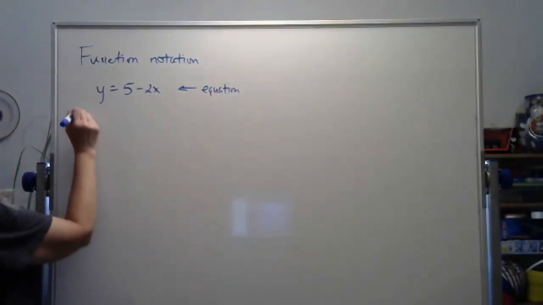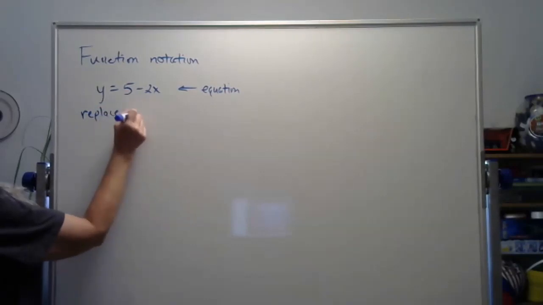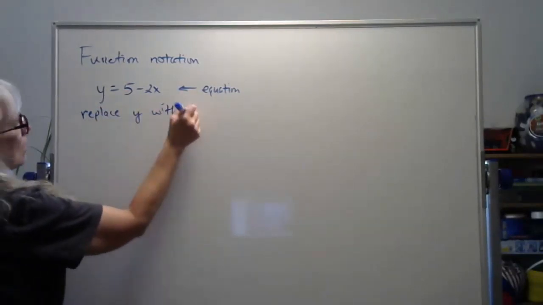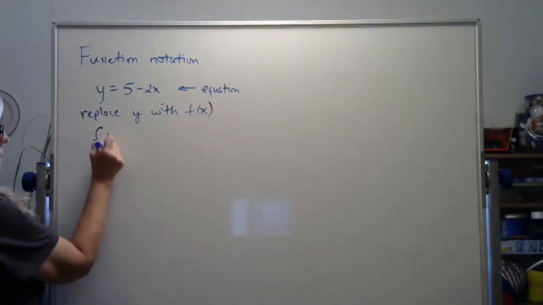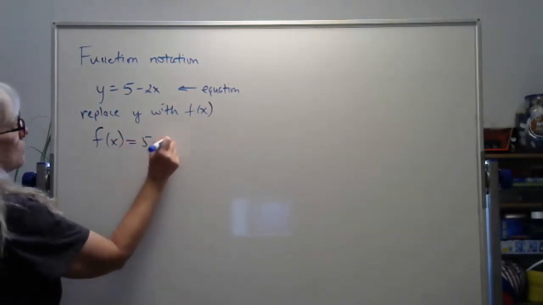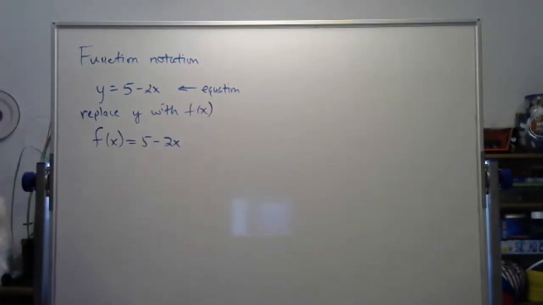What we're going to do is replace y with f of x. So you're going to see an f, and then in parentheses you see an x. To write this as a function, I would have f of x equals 5 minus 2x. They mean the exact same thing. In terms of working with them, they mean the exact same thing. It's just speaking a slightly different language, like speaking Latin all of a sudden. We write f of x in place of that y. It still means you're plugging in x and getting out a y value, or a corresponding output, which we're going to call f of x.